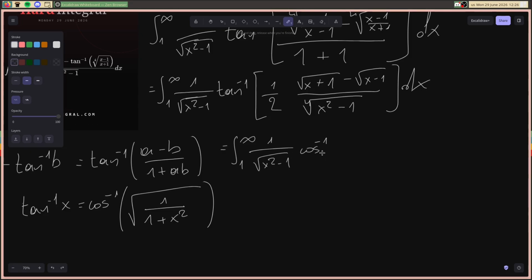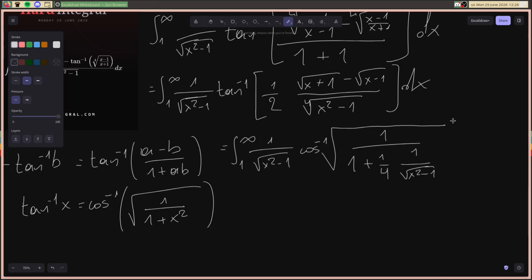You get the square root of 1 over 1 plus... Now 1 over 2 squared is 1 over 4. And we're going to have a factor of the square root of x squared minus 1 here, because we're going to square the fourth root.